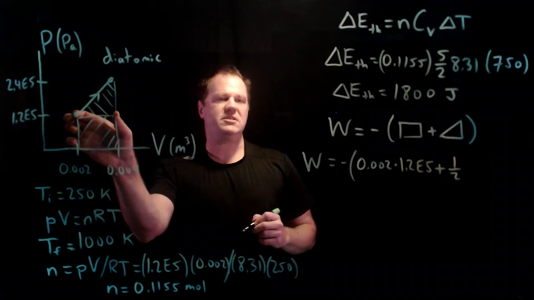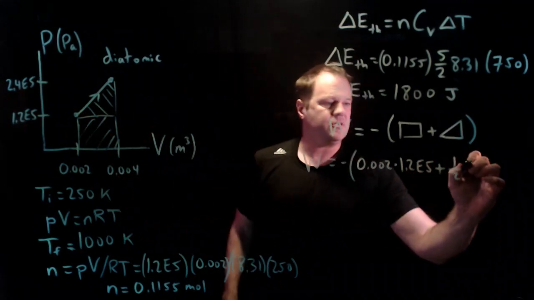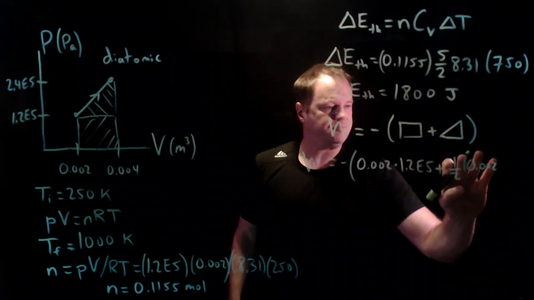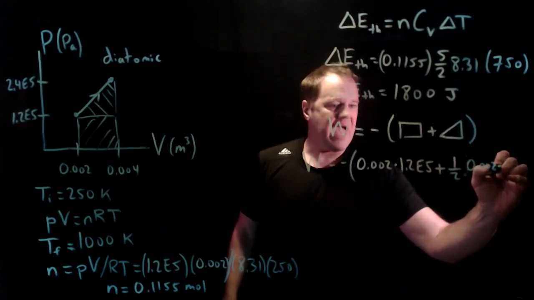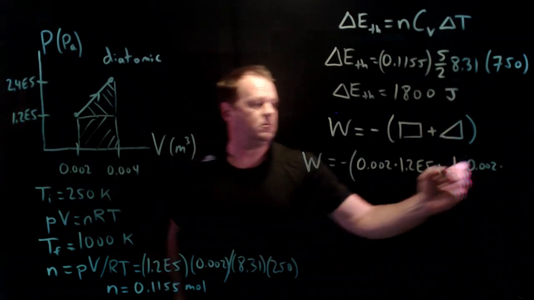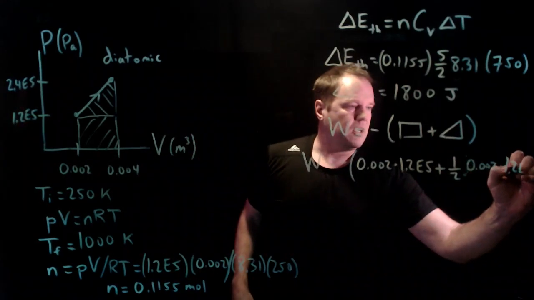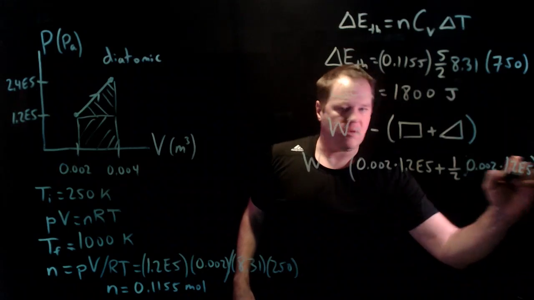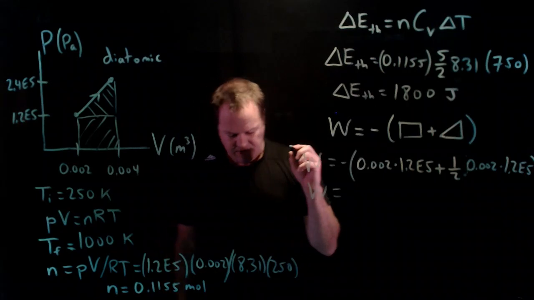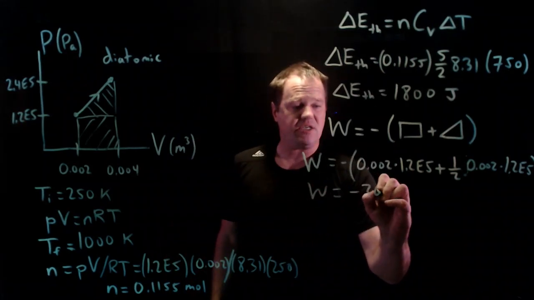So the base is the same, this width, 0.002, times its height, which happens to be 1.2 times 10 to the 5th. A lot of these numbers look the same, and that's just a coincidence here, but I wanted to make the math easy for myself. So we throw those numbers in our calculator, and we get an answer of minus 360 joules.